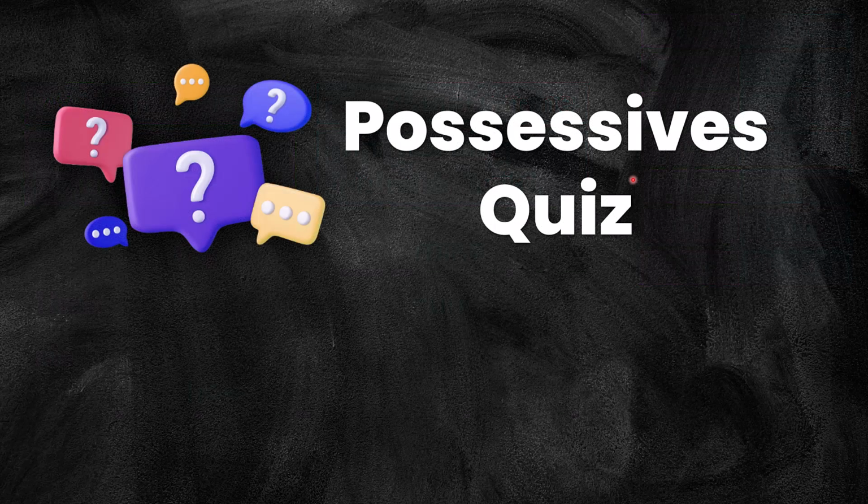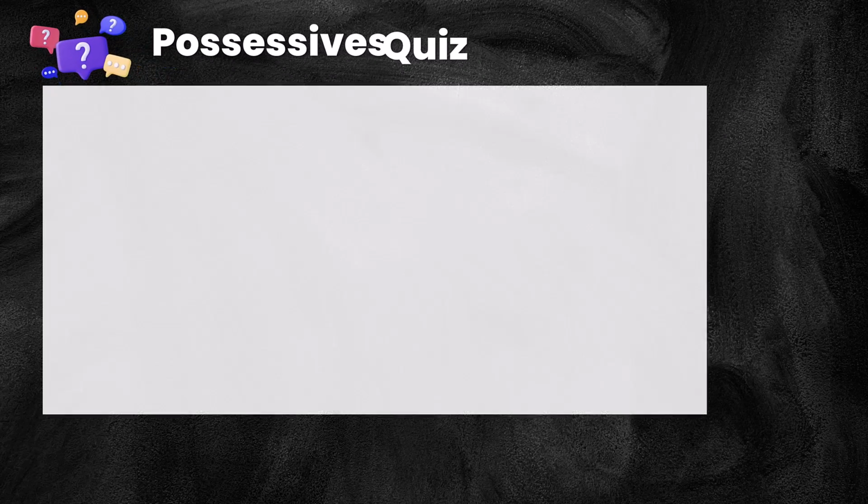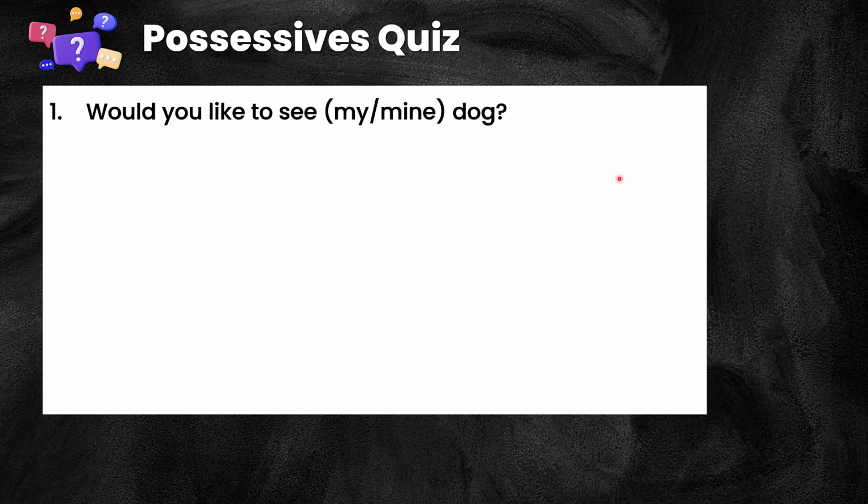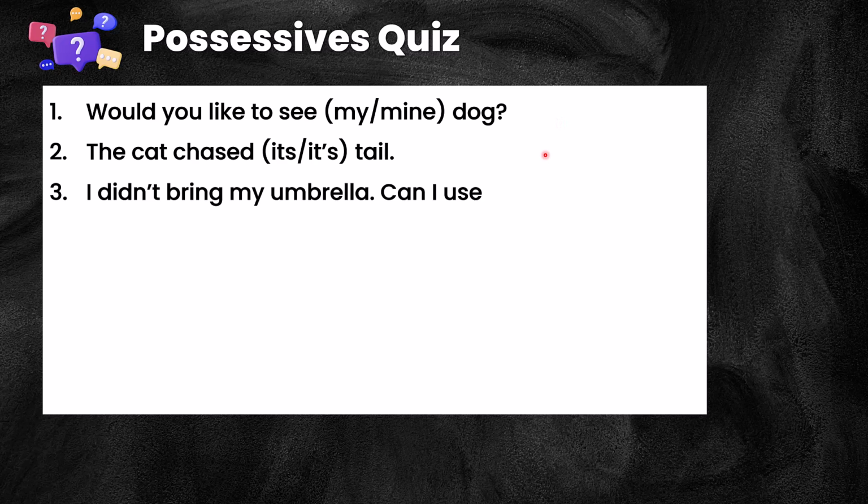So now we're going to do a quiz. You must circle the correct answer for each of these questions. Number 1, would you like to see dog? Number 2, the cat chased tail. Number 3, I didn't bring my umbrella. Can I use?